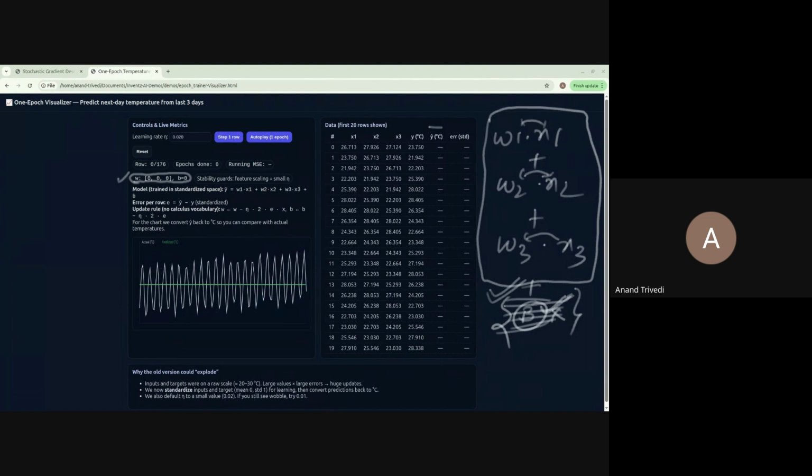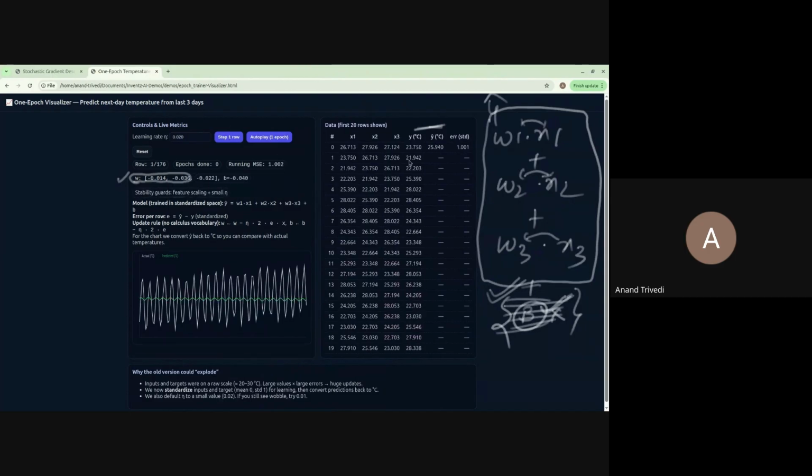Now, what I do is I start, and then the update rule. Y hat will be calculated and updated here, and then the error will be the difference of these two things, y and y hat. Let me run it.